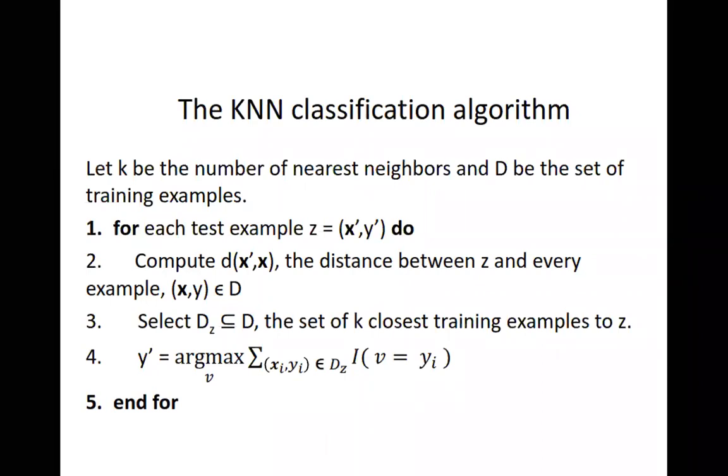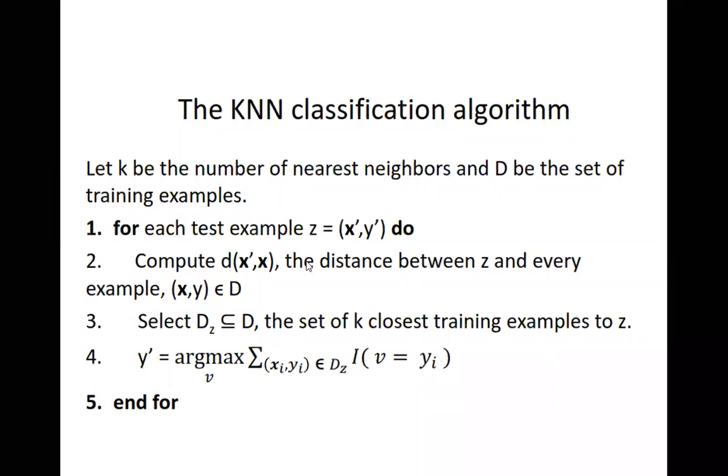X always indicates input, Y always indicates output. X1, X2, X3 are nothing but attributes. Y1, Y2 mean classes, yes or no, two classes. These things should be in your mind always. X always represents input, Y always represents the class of data, whether two class or three class. Capital D always represents the set of training examples. In the previous table, we had four training examples, so D is nothing but that set of four training examples.